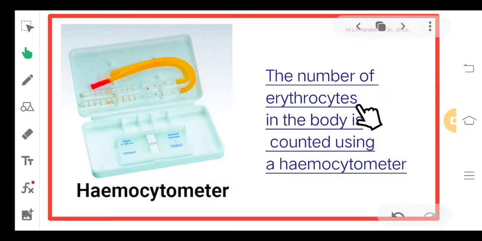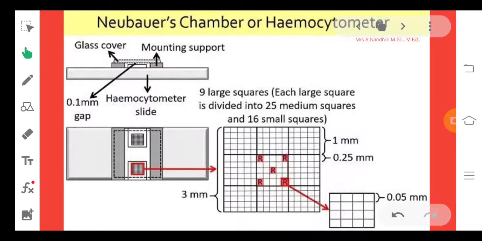The number of erythrocytes in the blood is counted using the hemocytometer. So this is the hemocytometer, the Neubauer chamber. This is the important chamber of the hemocytometer.